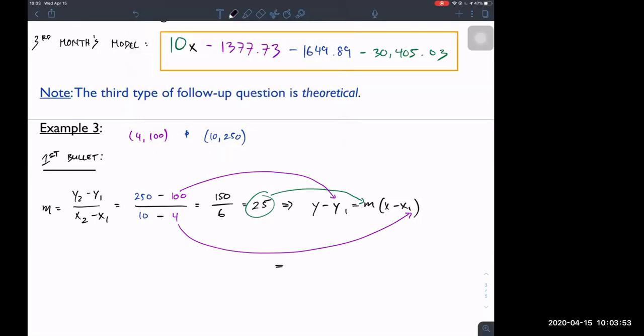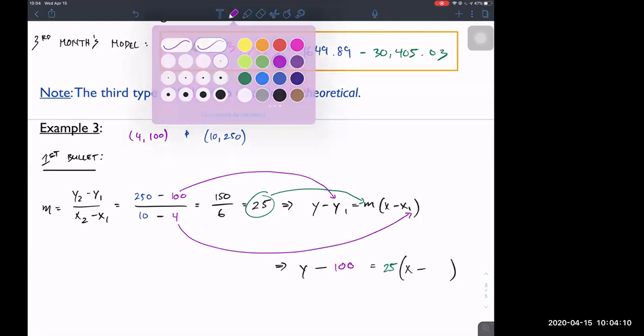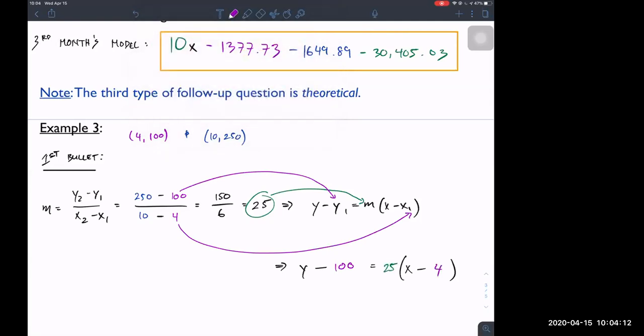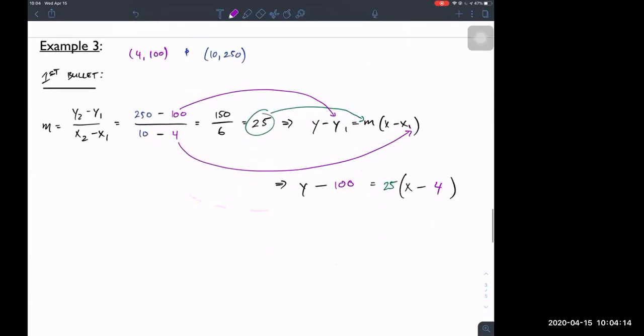Plugging this in, we get y minus 100 equals 25 times x minus 4. Again, I use this smaller point right here to plug in my values. So you do this.